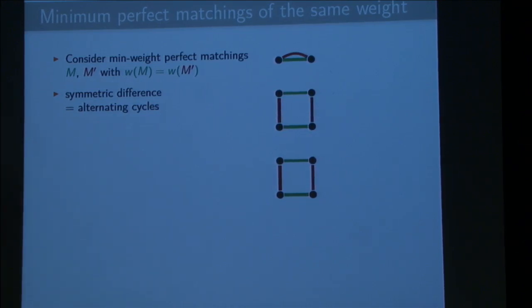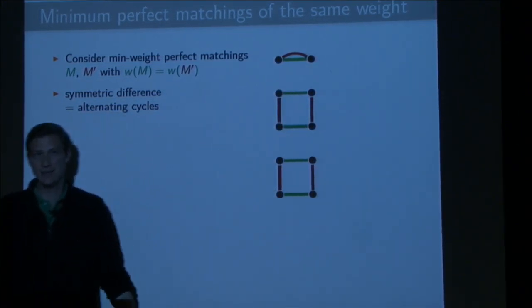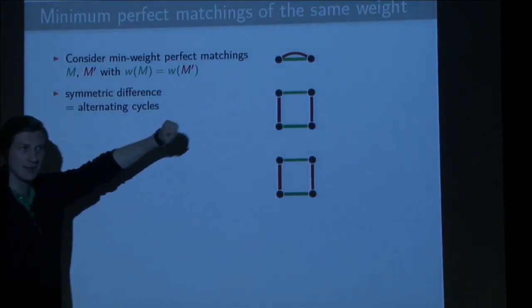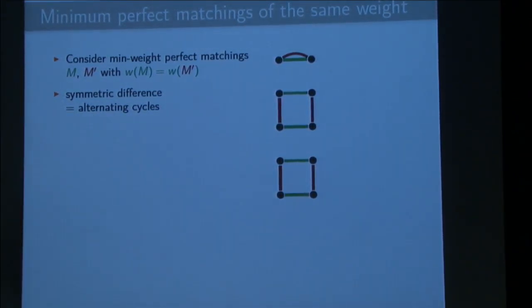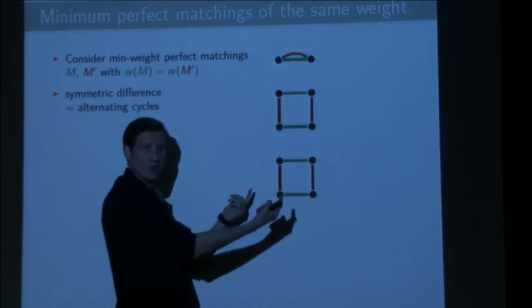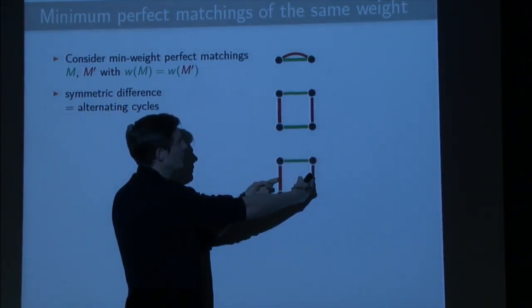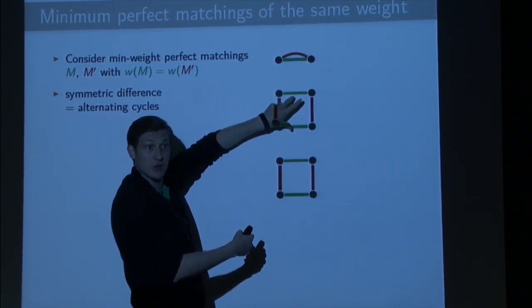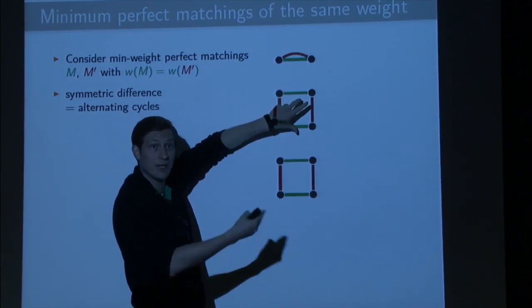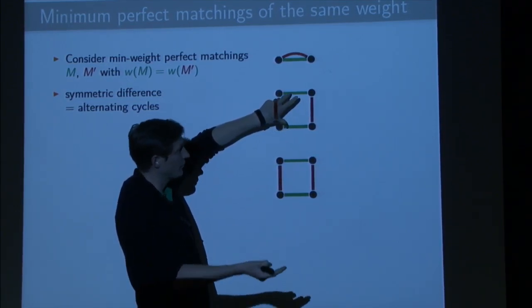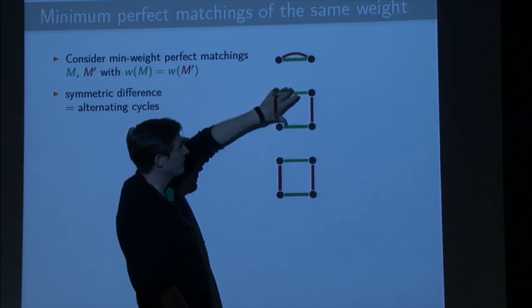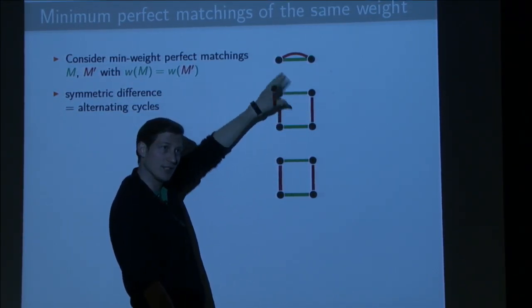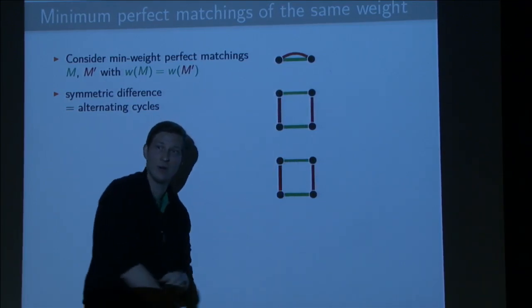What can we say about the weight on an alternating cycle here? The weight of the green edges compared to the weight of the red edges. Notice that I can always form a new perfect matching by taking these red edges, this red edge, but then flip this cycle to take these green edges. This should lead to a matching of not less weight, but this means that the weight of the green edges here has to be the same as the weight of the red edges, because otherwise you could always combine it to an even smaller weight matching.